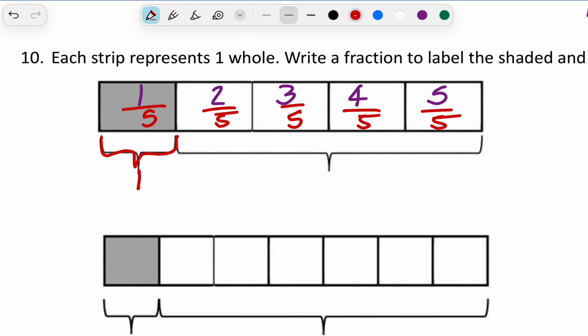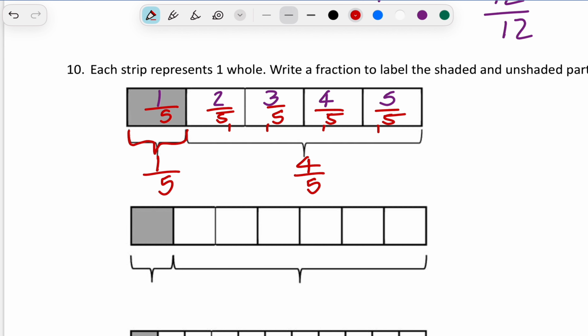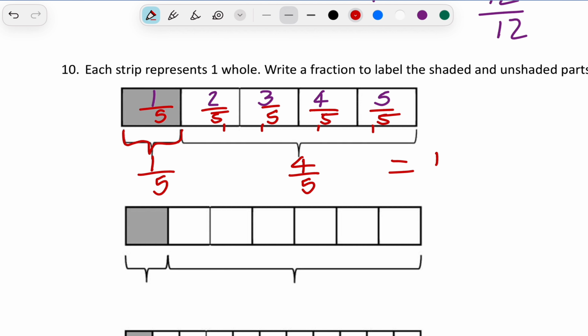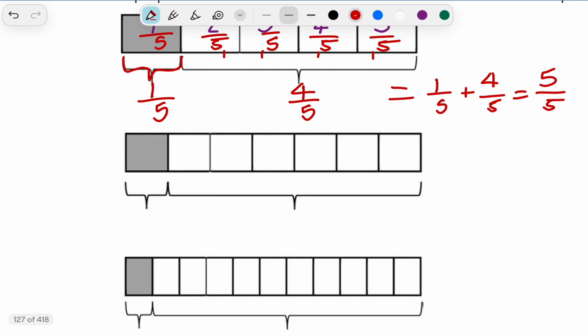There is 1/5 of the total parts shaded. Or how many are unshaded? 1, 2, 3, 4. 4/5 are not shaded. And how do I know that? Well, if I add it up, 1/5 plus 4/5 equals 5/5.